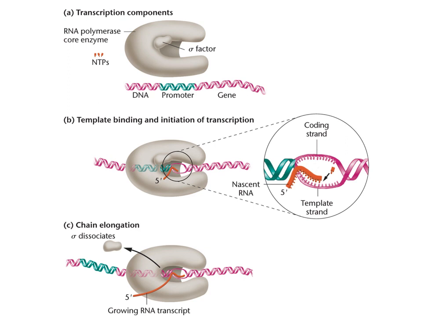And so that is achieved by the interaction of this sigma factor that you see here at the top that is part of this polymerase enzyme complex. And the sigma factor identifies and attaches to a region right next to the gene we are interested in, called the promoter, okay?